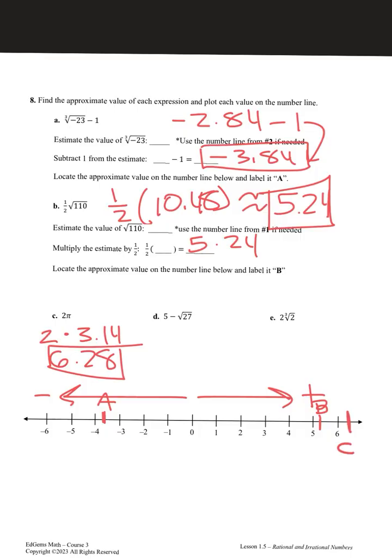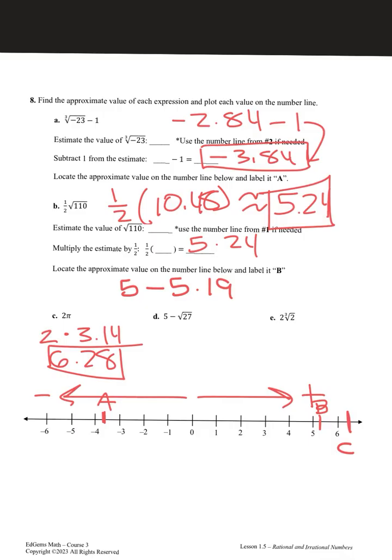All right. Part D says 5. Now this is a little bit funny. It's 5 minus the square root of 27. So here we go. When we rewrite this, I'm going to write above because I'm running out of room. So it's going to be 5 minus the square root of 27, which is 5.19.